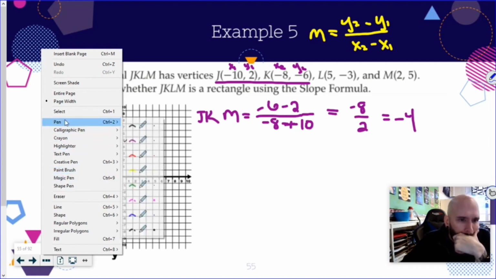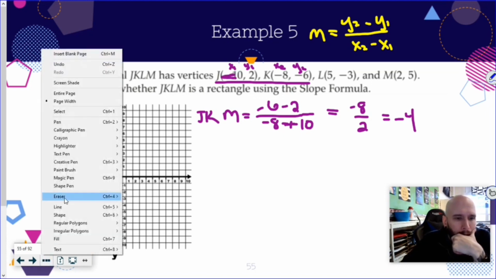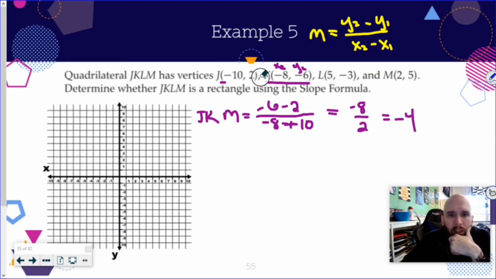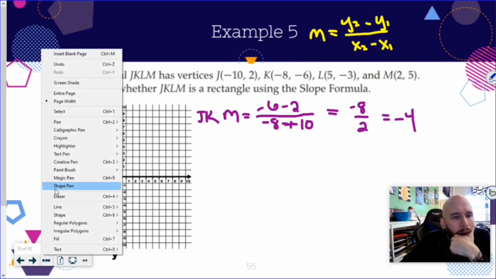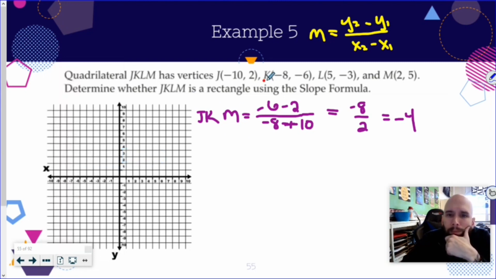Let me erase this. I need KL. I'll do a different color. We'll call this X1, Y1, and this X2, Y2. This is going to be KL.